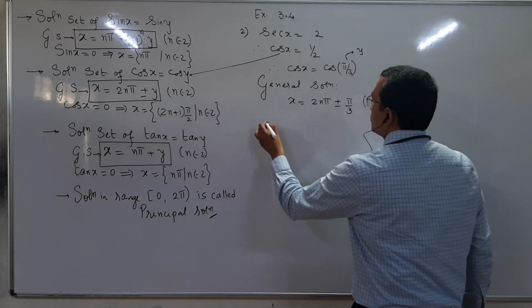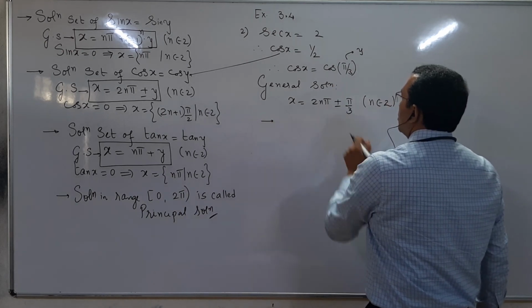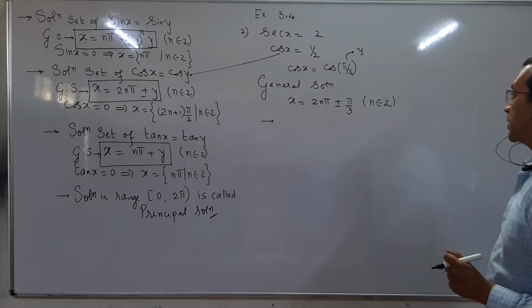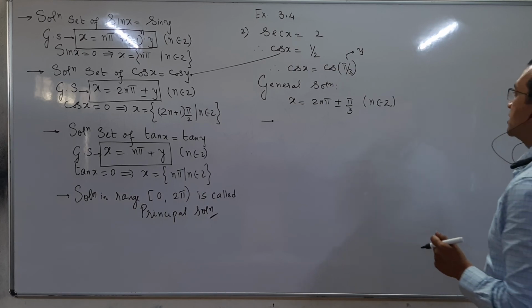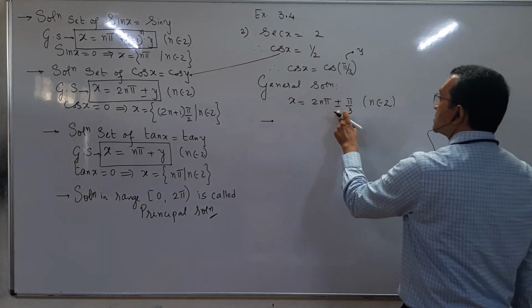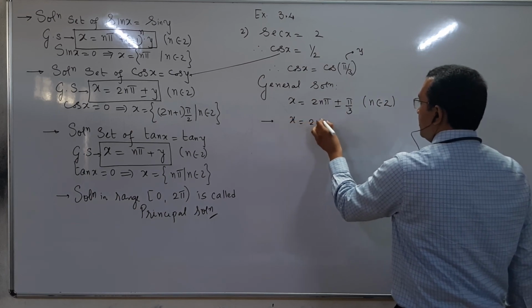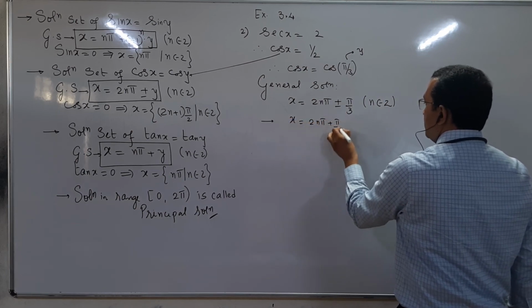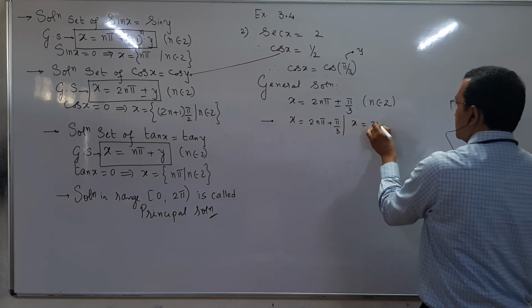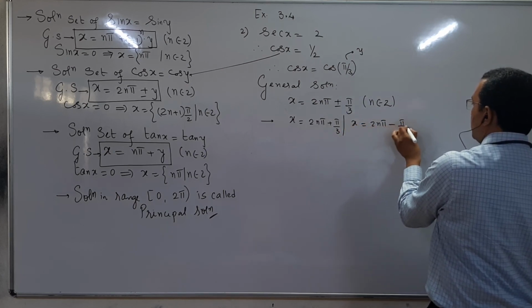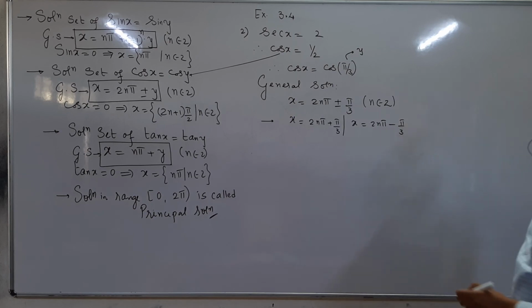Now for principal solutions, you have to understand this is plus as well as minus. x is 2 n pi plus pi by 3 as well as x is 2 n pi minus pi by 3. Both the ways.